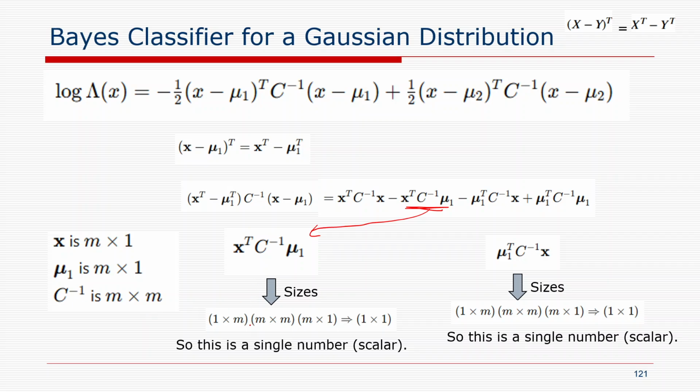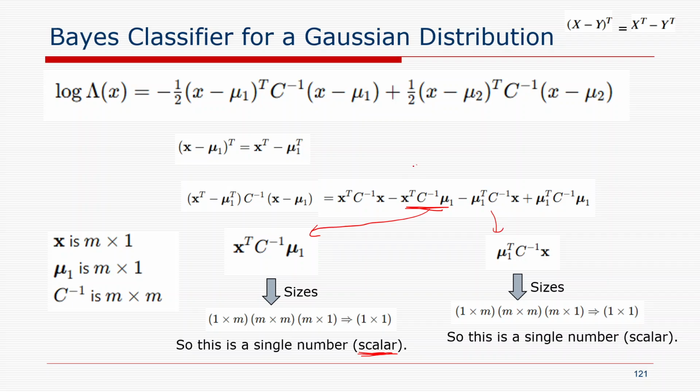When we take all this, that is 1 by m, m by m and m by 1, it is going to become 1 cross 1, which results in a single number, a scalar. Similarly, for mu1 transpose C inverse x, the sizes are 1 cross m, m cross m and m cross 1, and it will result in 1 cross 1, which is a scalar number.